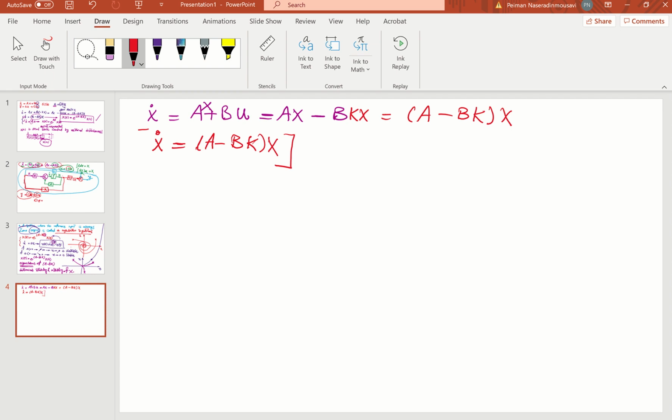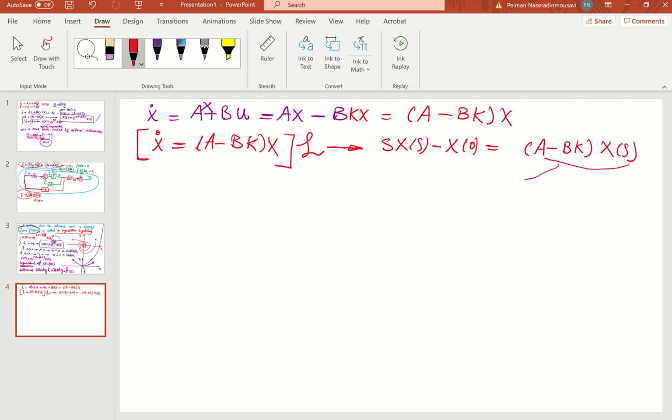What about that I go to undergraduate control and apply a Laplace transform to both sides of this equation? It's going to be sX(s), the first derivative's Laplace transform, minus x at time 0, for simplicity here, is (A minus BK) X(s).